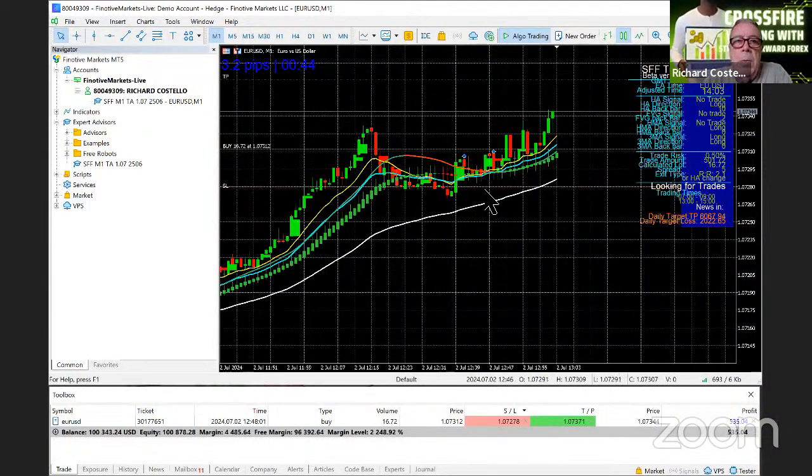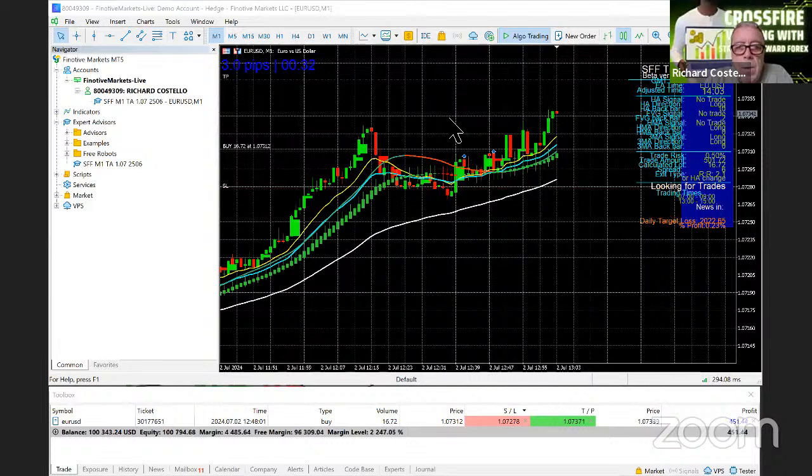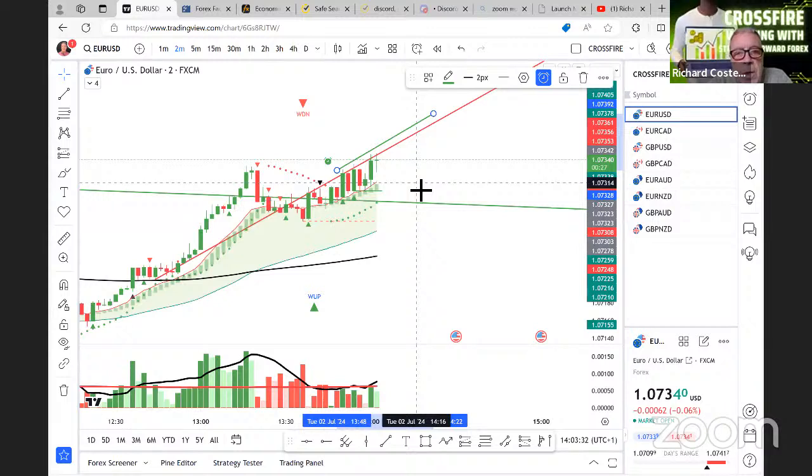Go back and look at what was going on my manual chart. Okay, so price is still, trading manually, I'm still not confident to get in because price is respecting that red trend line.